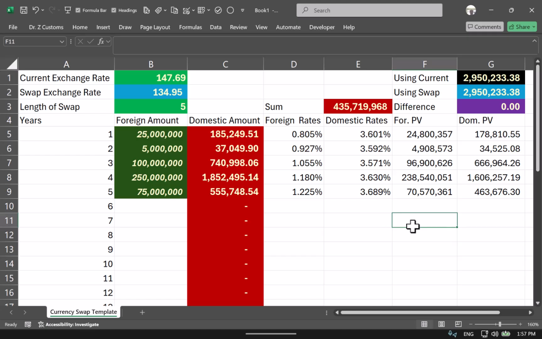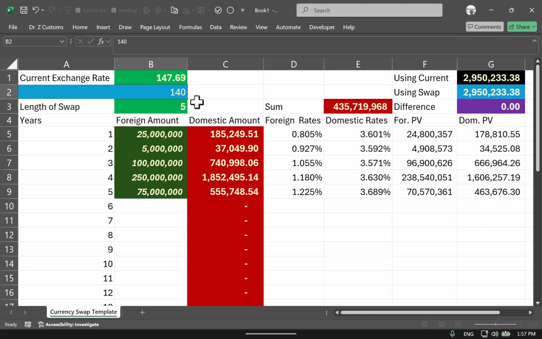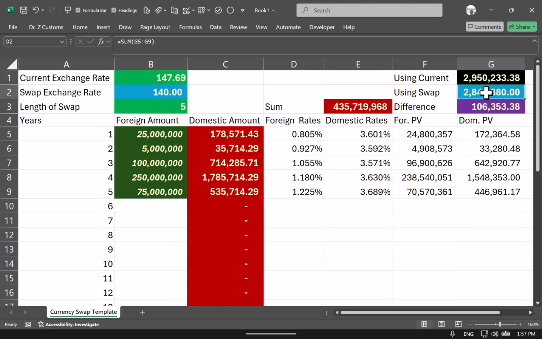Let's say this was different. For some reason, market said this should be 140. Let's think about how we can make money off of this deal.